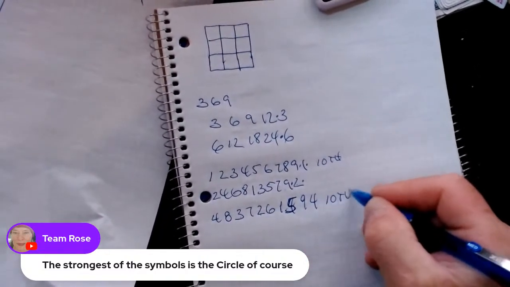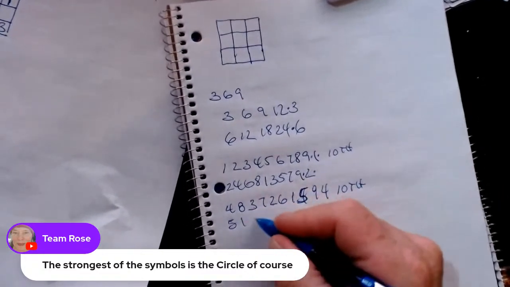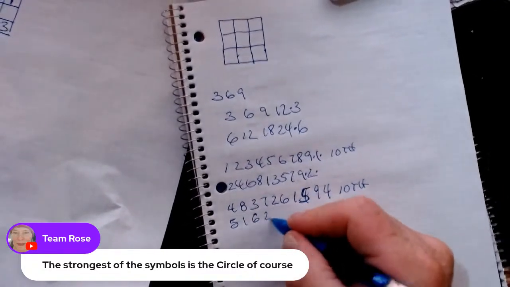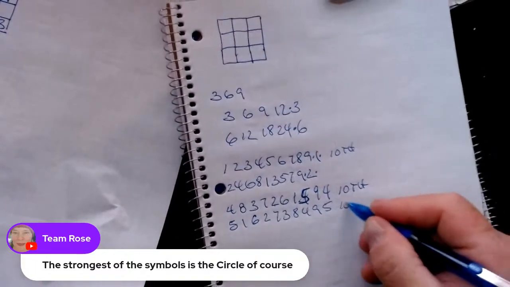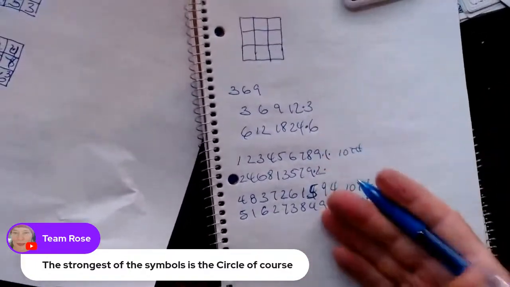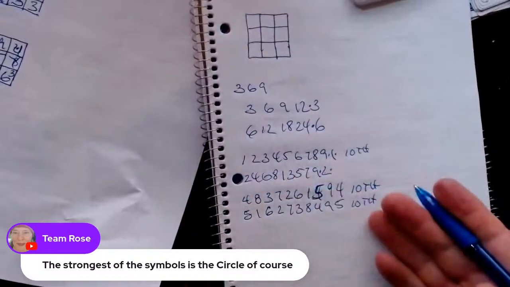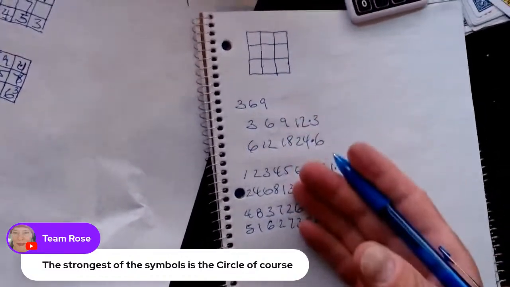And this is also the 10th. And then it would be 5, 1, 6, 2, 7, 3, 8, 4, 9, 5. And then this one is the 10th one. So you can see all the numbers take 10 for a full rotation, unlike 3 and 6.